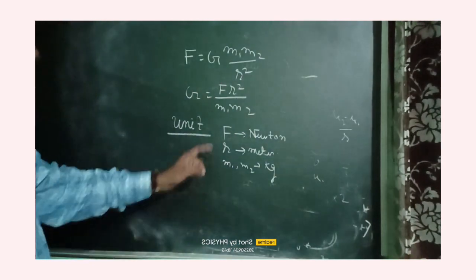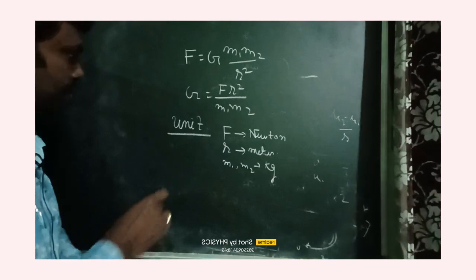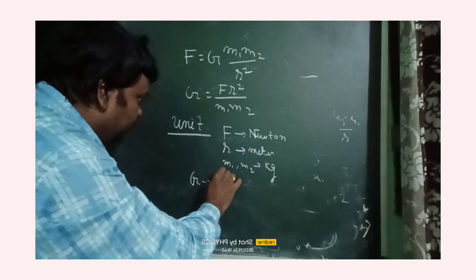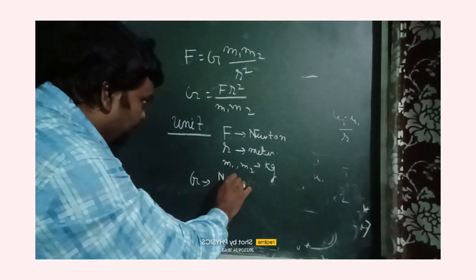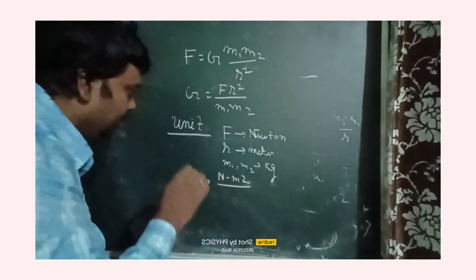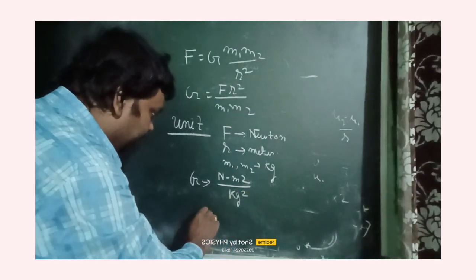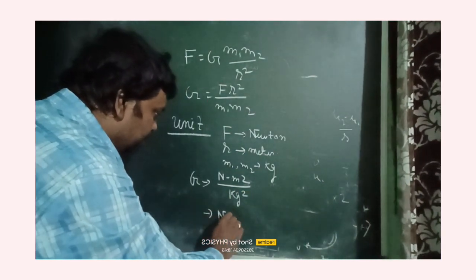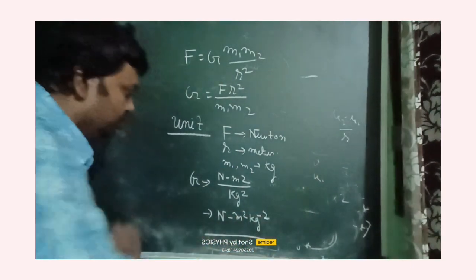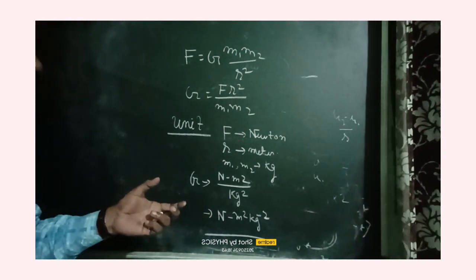Now putting in force as Newton, r as meter, and m1, m2 as kg, we have the unit of G: F is Newton, distance is meter square, as here r to the power 2, by the product of masses, that is kg square. So, Newton meter square kg to the power minus 2, which is the SI unit of the gravitational constant.